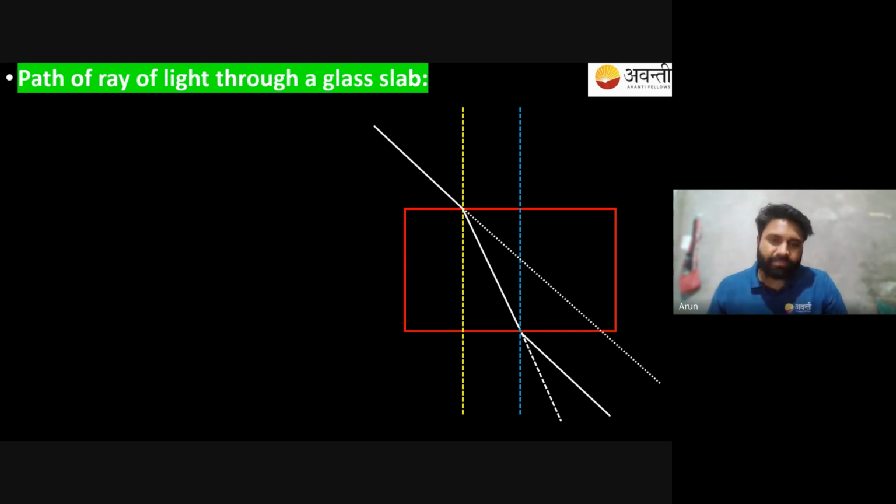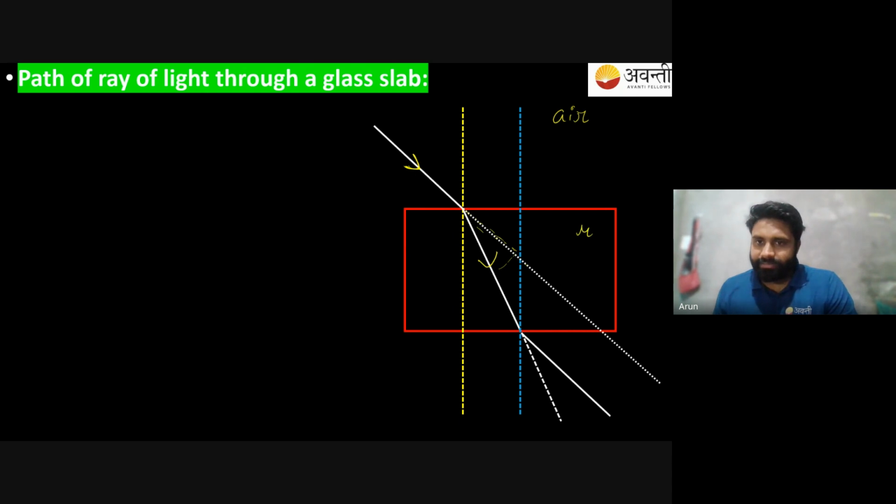As you can see in this picture, this is the incident ray coming directly from air and going through the glass. It has to take this path if it is not bending, but it is bending towards the normal to the surface. Why? Because this is the optically denser medium.